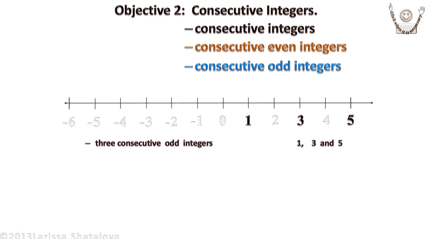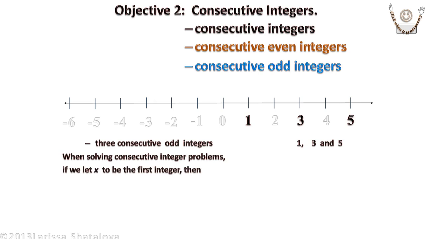This is why, when solving, if we let x be the first integer, then 3 consecutive odd integers are x first, x + 2 second, and x + 4 third.